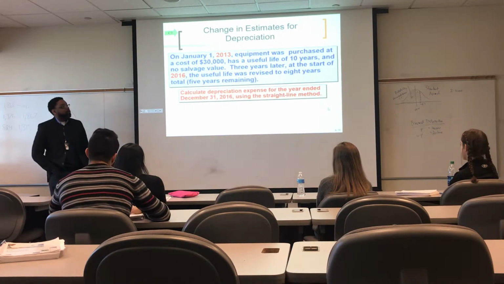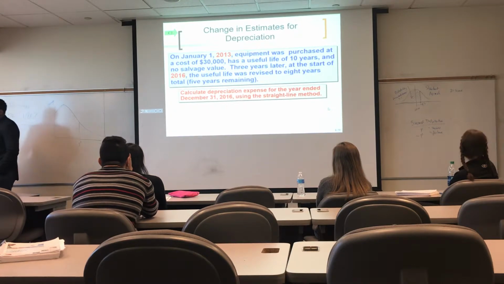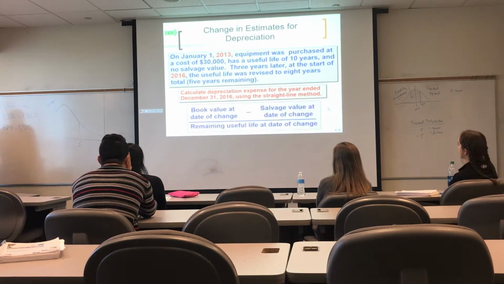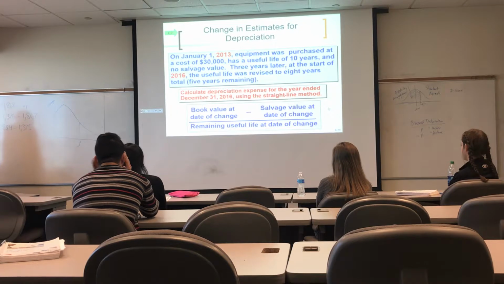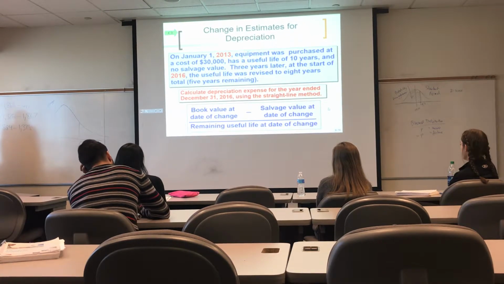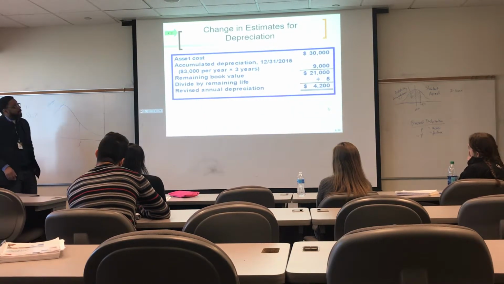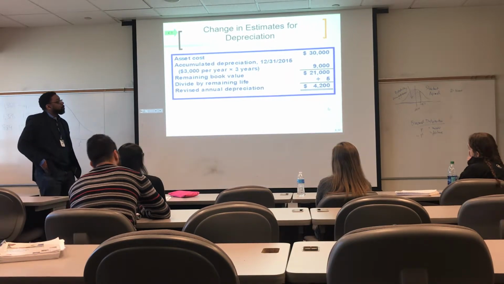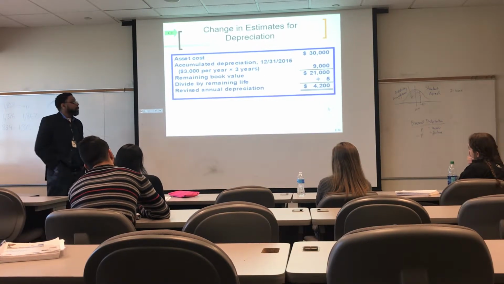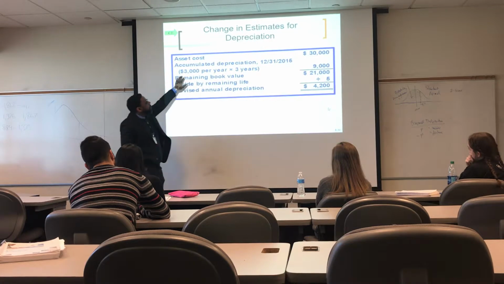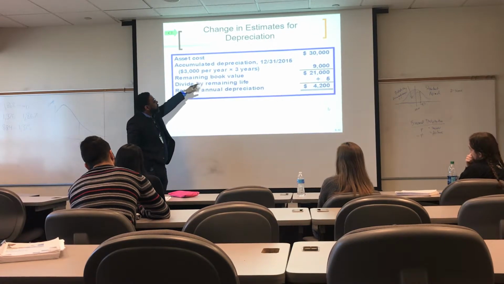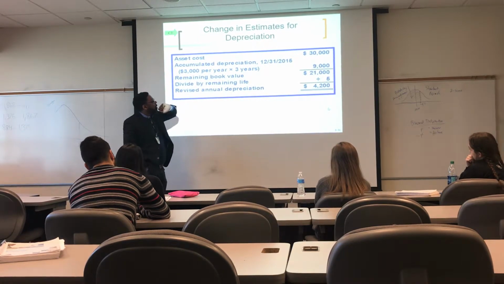So we're gonna calculate depreciation at year end using straight line. We take the book value at the date of change, minus the salvage value at the date of change, and divide by the remaining useful life. The asset costs $30,000. We depreciated straight line over 3 years, so it's $3,000 a year, multiplied by 3 years, you get $9,000.